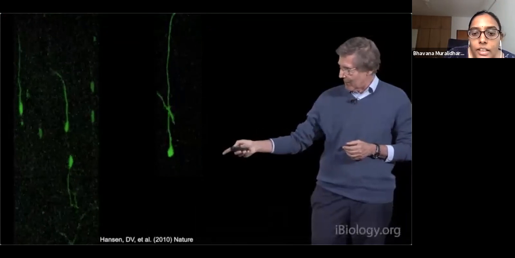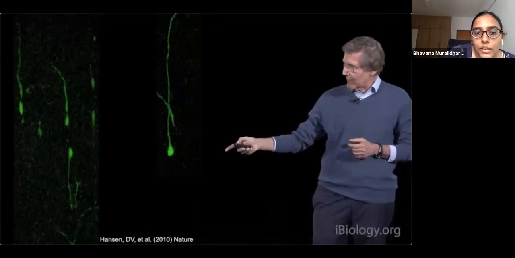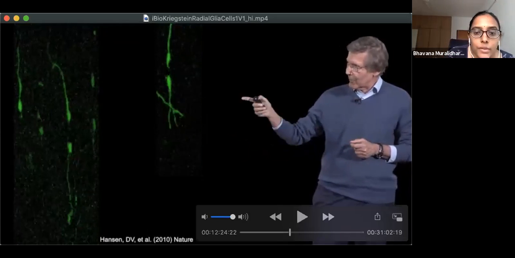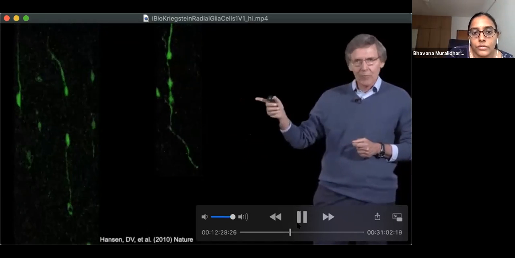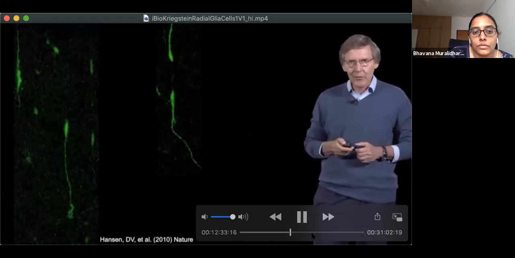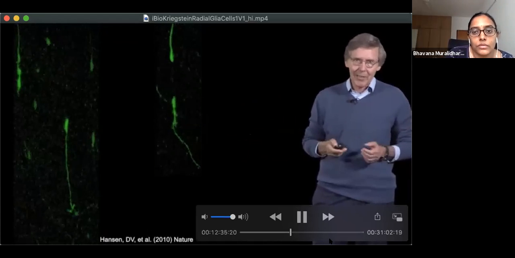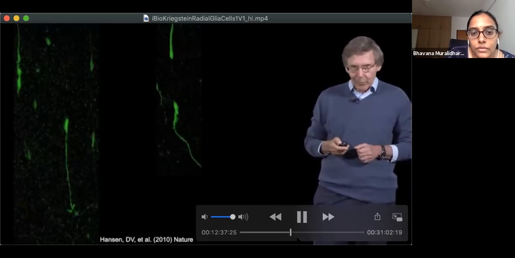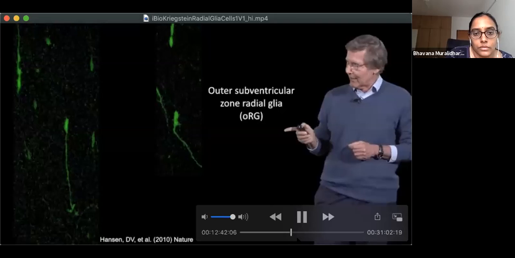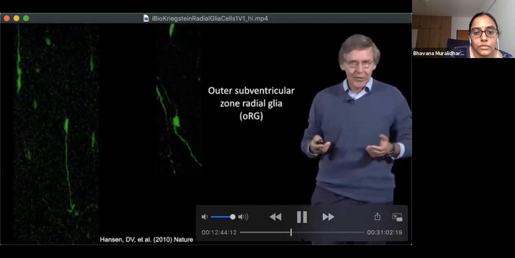Did you just see it jump from its position in the cortex to the top, and then divide? Yeah, and divides. That behavior, where the nucleus moves up along the radial fiber just before division, is something very characteristic of these cells, and they hadn't been described before. In fact, these cell types hadn't been described before. So we named the cell the outer subventricular zone radial glia-like cell, or ORG cell for short.